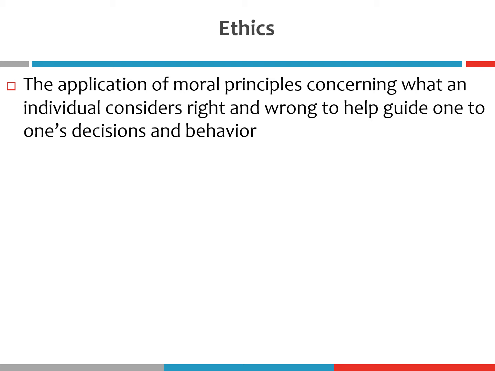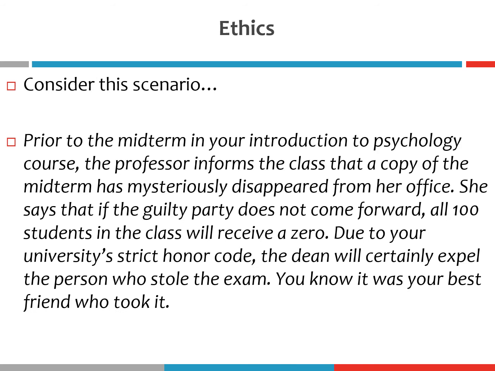So let's go ahead and look at some actual ethical scenarios to help us along. Consider this scenario. Prior to the midterm in your Introduction to Psychology course, the professor informs the class that a copy of the midterm has mysteriously disappeared from her office.